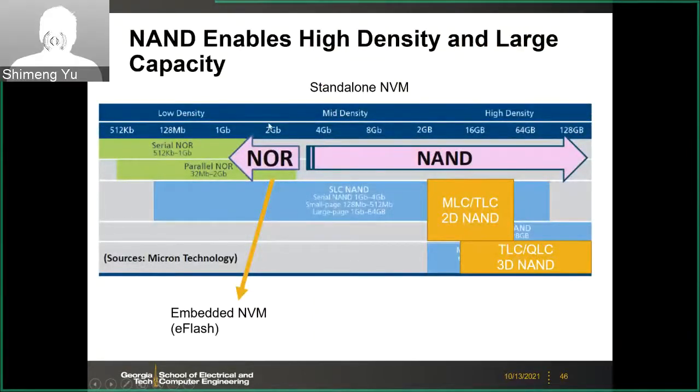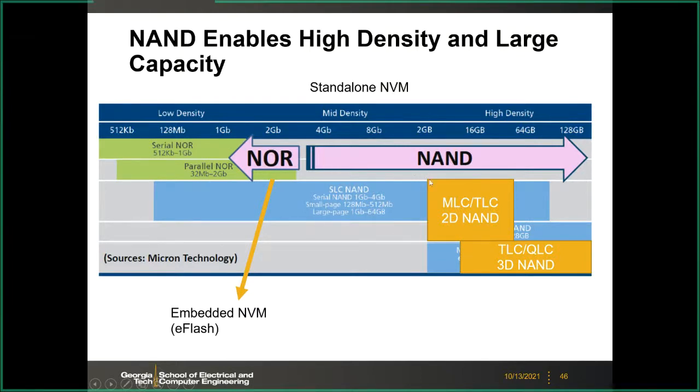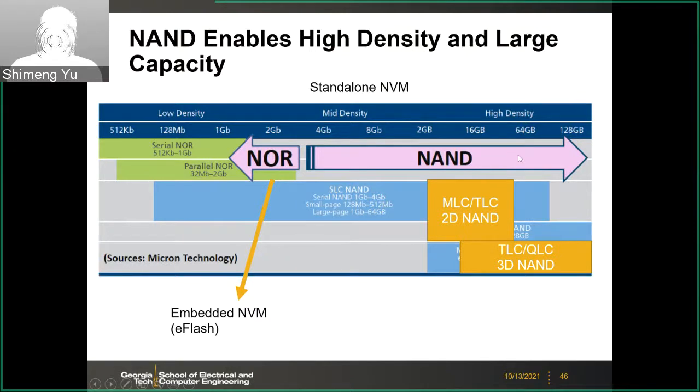And here, if we compare the capacity, NOR flash generally has lower capacity in terms of the number of bits. The largest NOR flash may be like 1 or 2 gigabits per chip, but most NOR flash is below 1 gigabit. And NAND flash, you can have up to like 1 terabit.